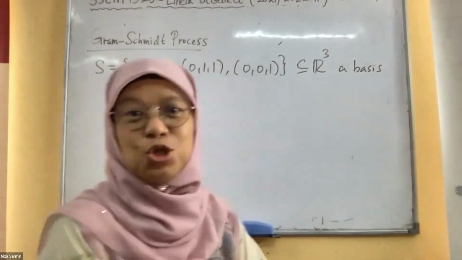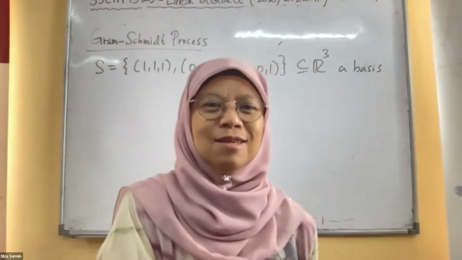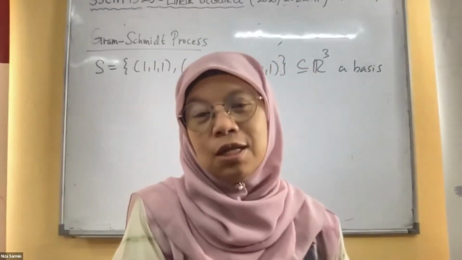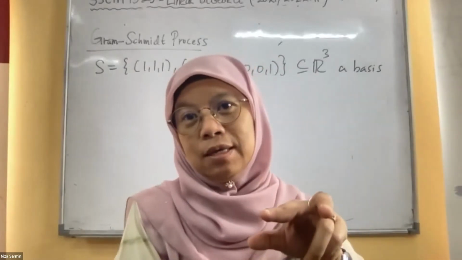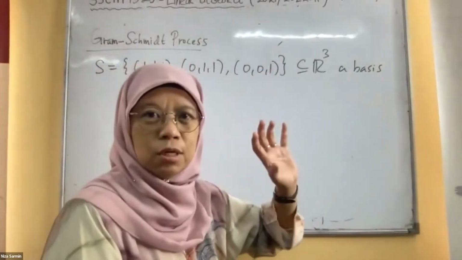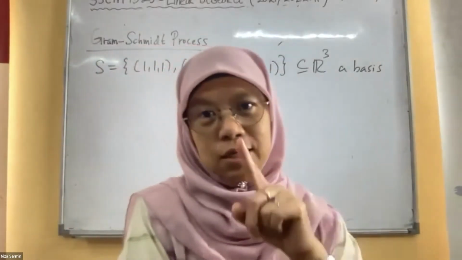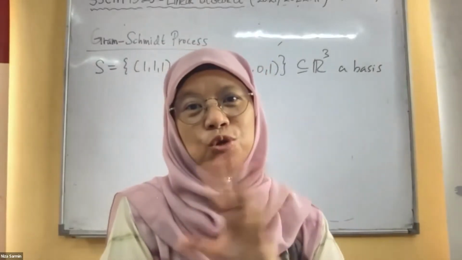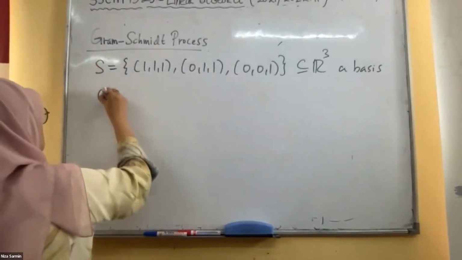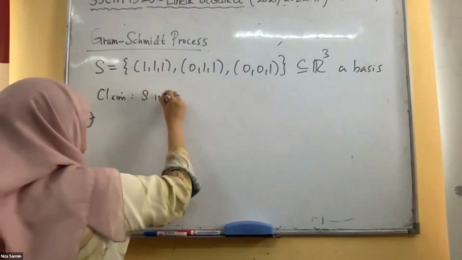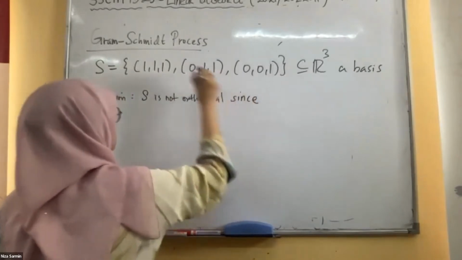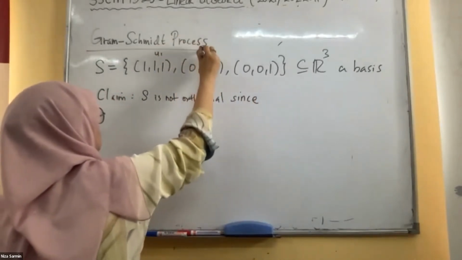Then the first question: show it is not orthogonal. If you have to show it is orthogonal, you have to show every pair is orthogonal. If you want to show it is not orthogonal, just take one pair. No need to show all. Claim: S is not orthogonal, since, let these be U1, U2, U3.